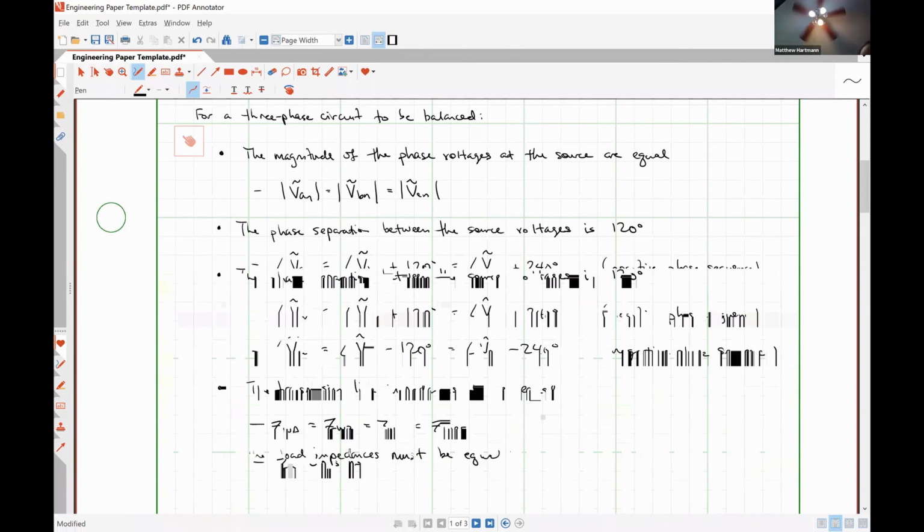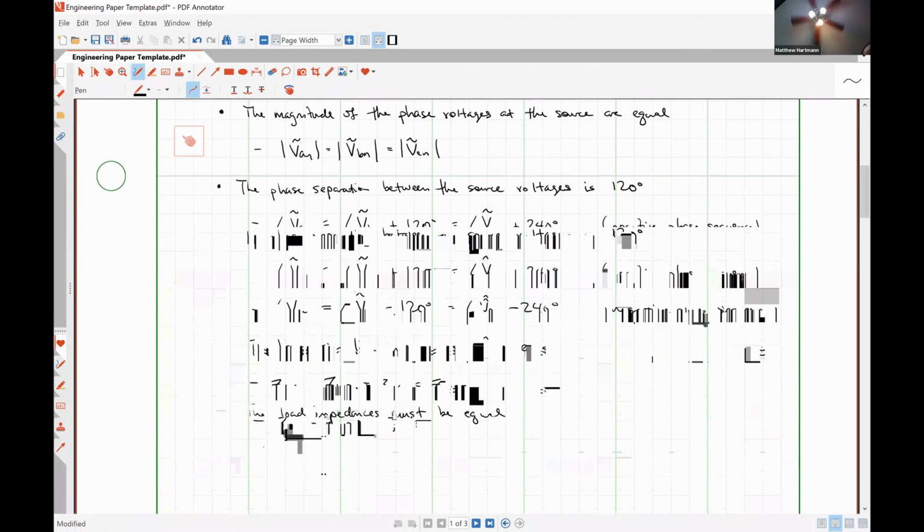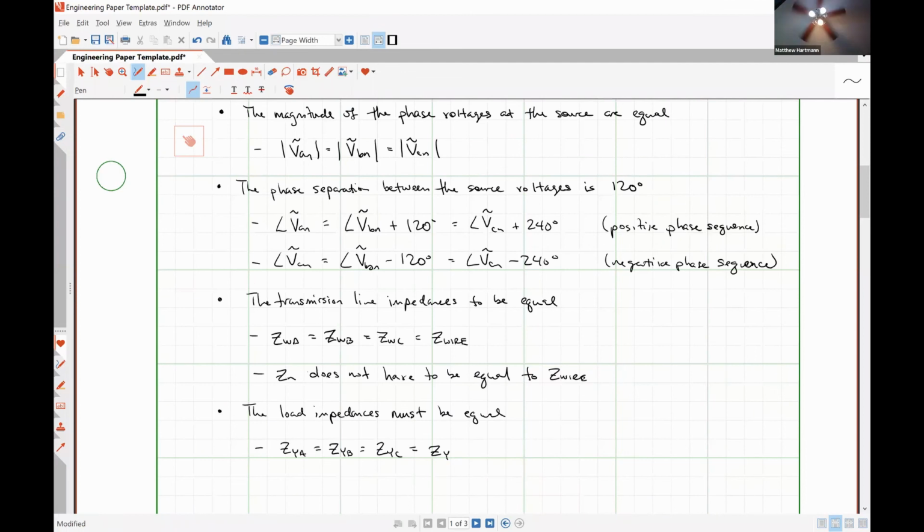So ZYA would be equal to ZYB would be equal to ZYC. And we could just represent all of these with a common nomenclature ZY. So under these four constraints, our system is balanced.